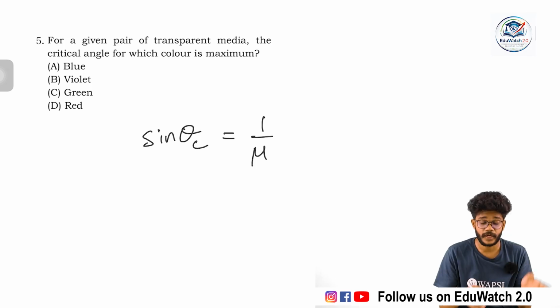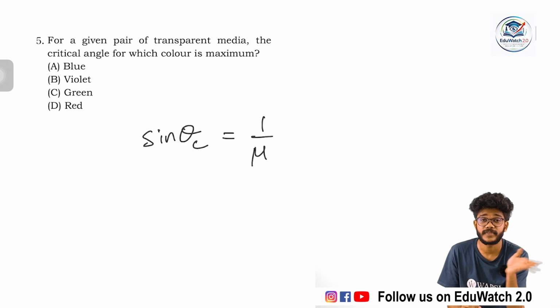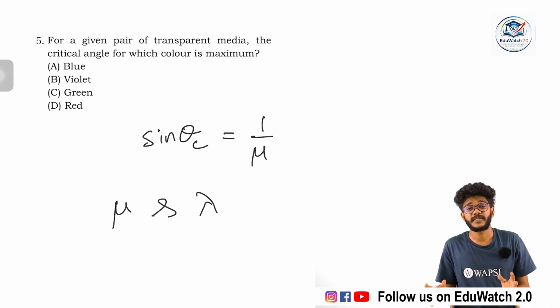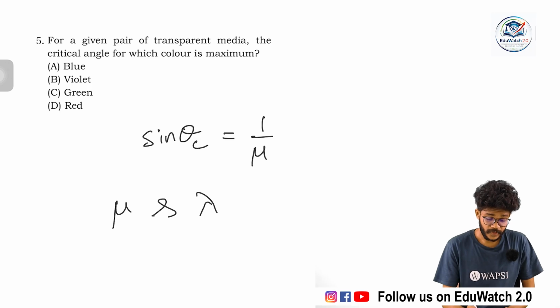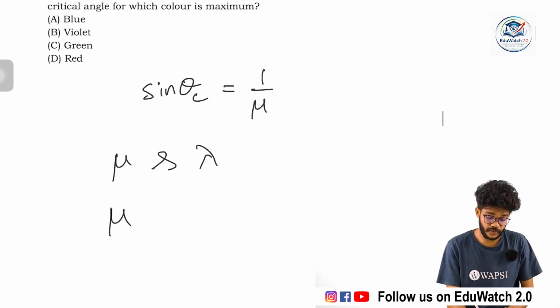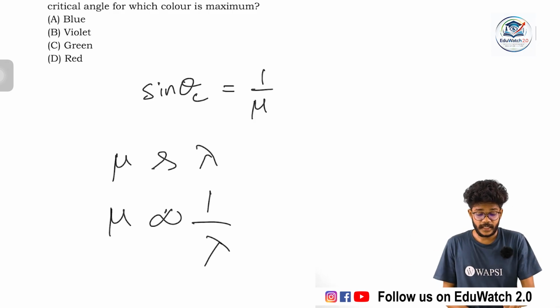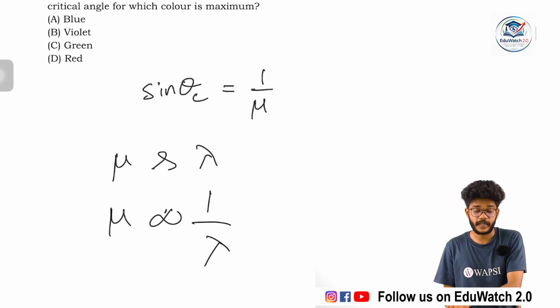We don't want to calculate that. We want the relation with the wavelength. What is the relation between mu and lambda? They are inversely proportional. Sin theta C is inversely proportional to mu, and mu is inversely proportional to lambda.